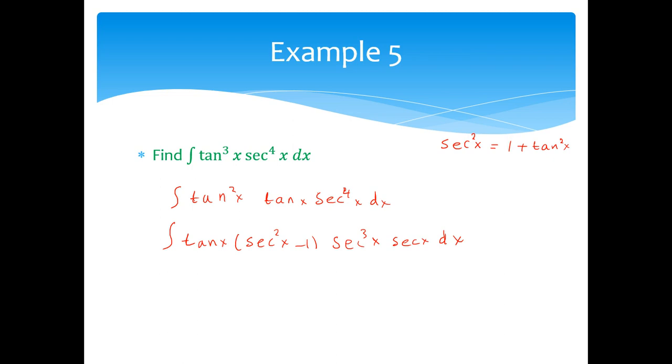Okay, so we do the u substitution. So u is going to be equal to secant x. Then du is secant x tangent x. So here what I'm going to do is multiply these out. So I'm going to have secant to the power of 5 x minus secant to the power of 3 x.